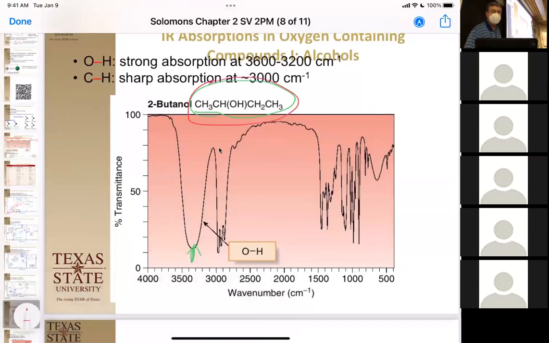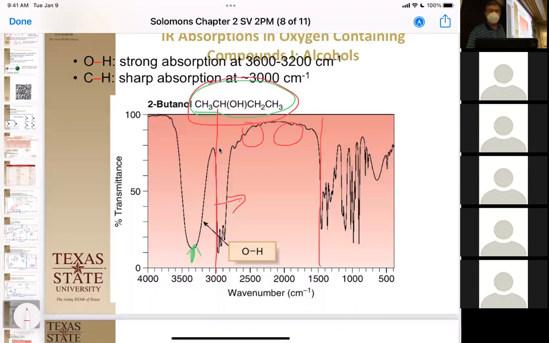It only has carbon-carbon single bonds. So we have our 3000 line. We have sp3 hybridized carbons with hydrogens on them. We have no triple bonds, no double bonds. And then right here at 1500, we have our carbon-carbon single bonds, our carbon-oxygen single bonds.